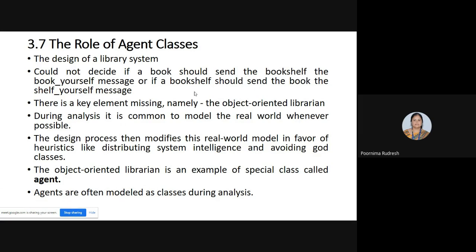Before knowing which is the agent class, we'll see one example, the design of a library system. Here the designers are discussing the design of the library system, and they could not decide if a book should send the bookshelf the "book yourself" message, or a bookshelf should send the book the "shelf yourself" message.